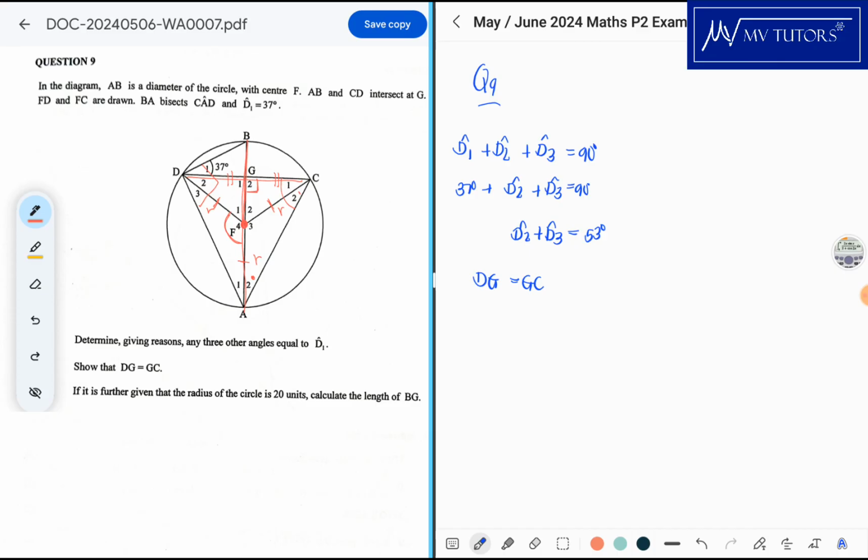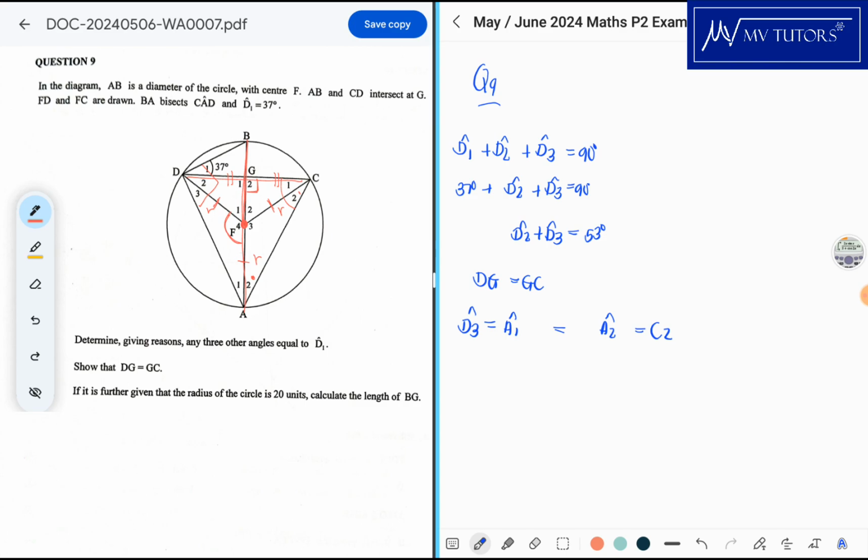So A2 is equal to C2, and also D3 is equal to, let me see, D3 is equal to A1, and A2 is equal to C2. Actually, all of these angles are equal because it's where the radii are. Okay, equal lengths or equal chords, equal angles.